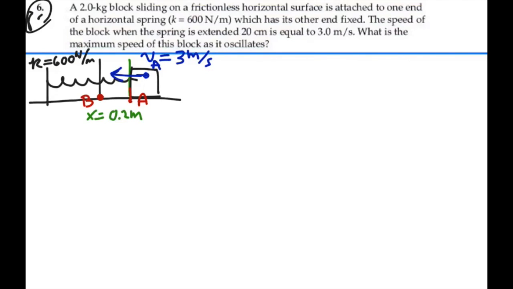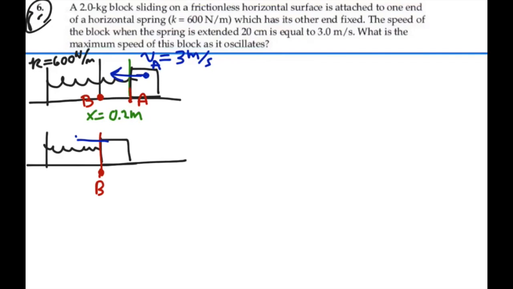So if we were to look at this just a moment later, there'll be some point when the block is at point B, the spring is no longer stretched, and at that point the velocity will be maximum. Why? Because all the potential energy that was in the spring when it was stretched is now gone into kinetic energy, and the kinetic energy will be at its maximum value because there's no more energy for us to obtain.